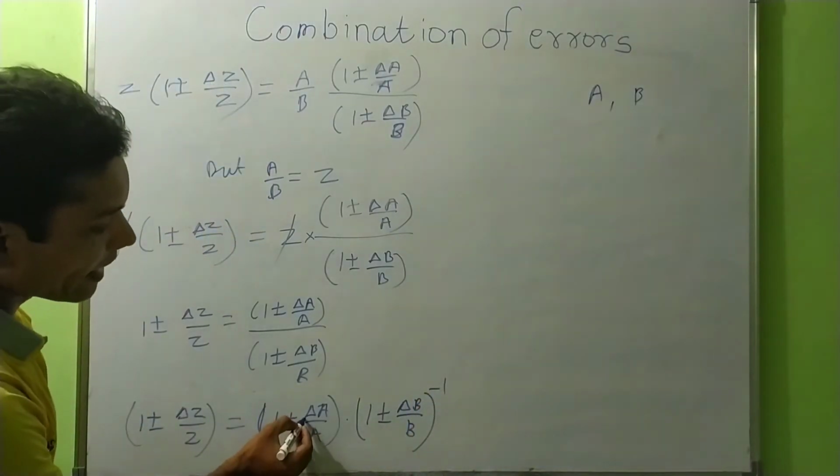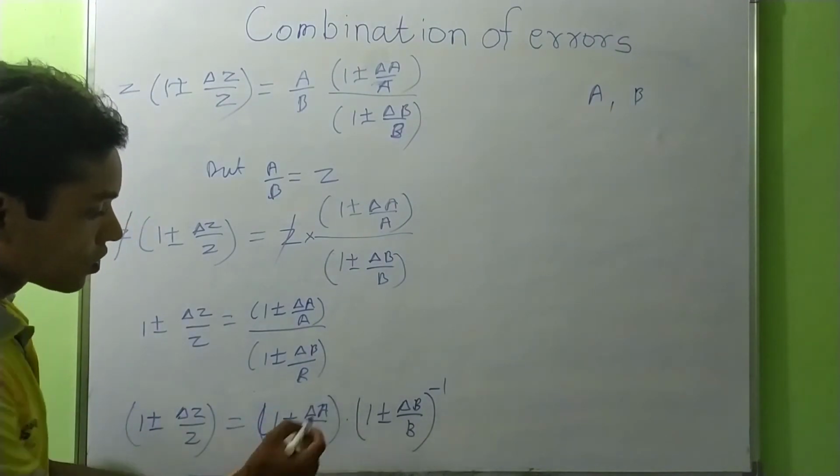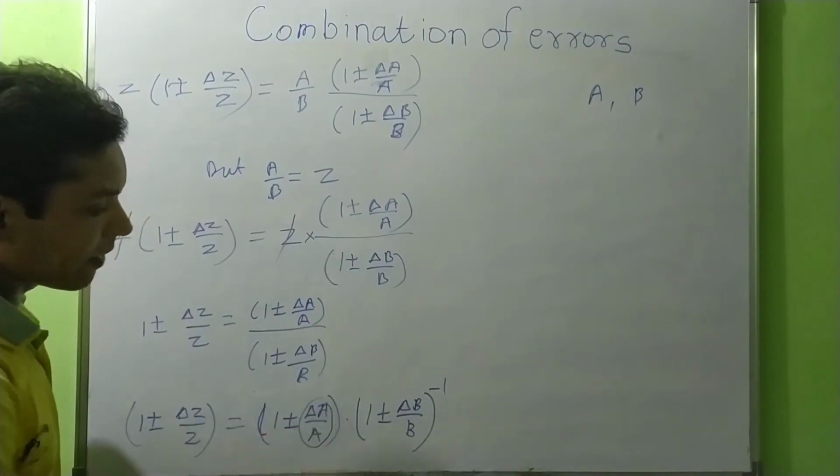You know that del A is a very small value compared to A, so this term is very small.